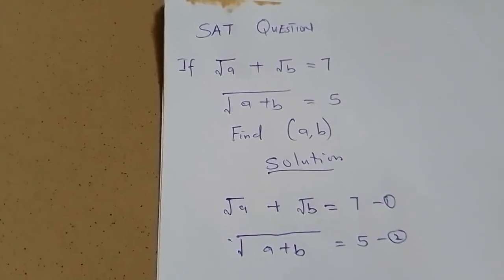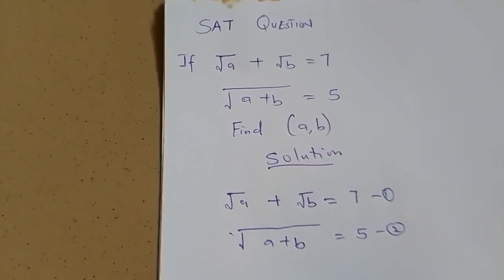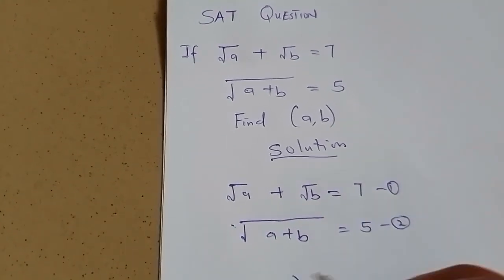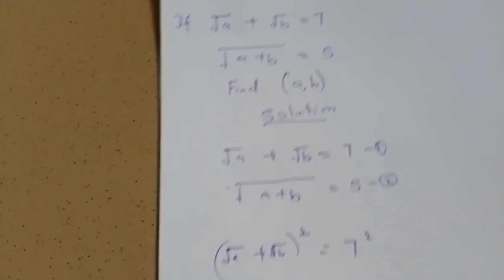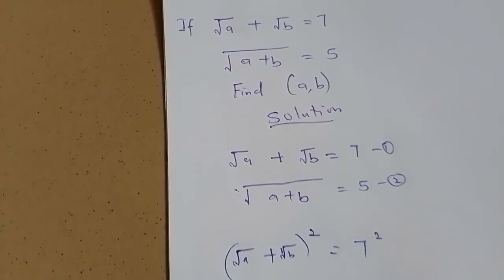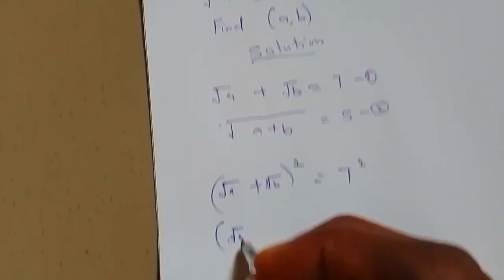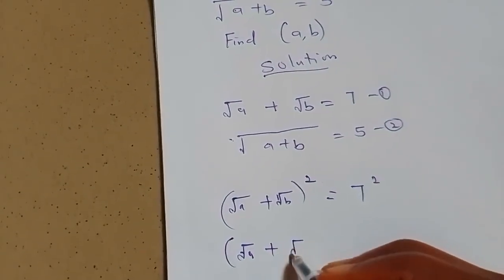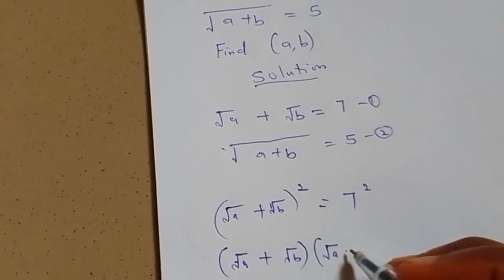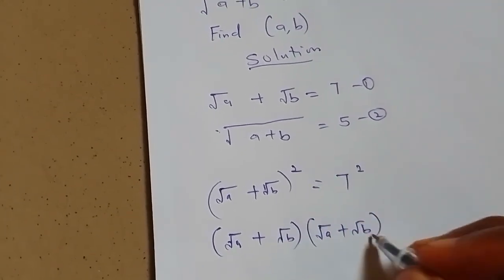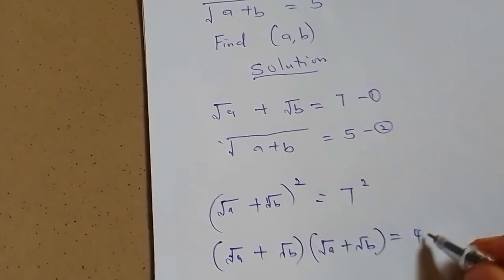Squaring equation 1 means I'm having root a plus root b, all squared, equals 7 squared. Since it is squared, that means it is in two places, equals 7 squared, which will give us 49.